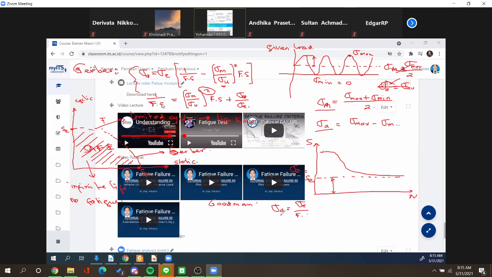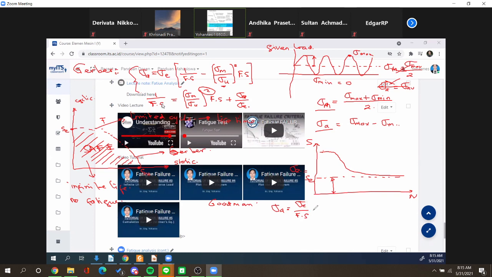Okay, so the allowed amplitude stress on the given load should be equal to the endurance strength over the safety factor, and it has here 1 minus sigma m over the ultimate strength.